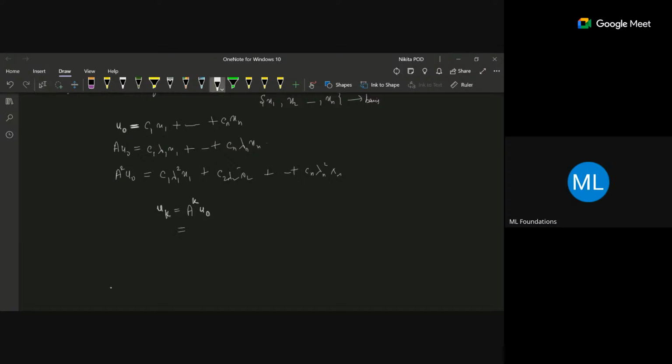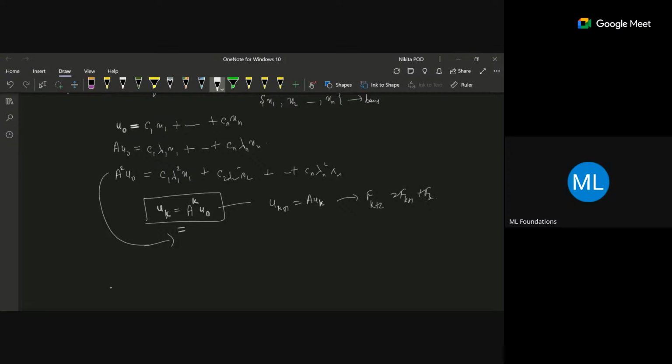So if I just extend this, I can write this solution. Remember, this solution is the solution for this difference equation, which is uk plus 1 equal A uk. And this we have reduced from our Fibonacci sequence, the difference version, which was fk plus 2 equal fk plus 1 plus fk.